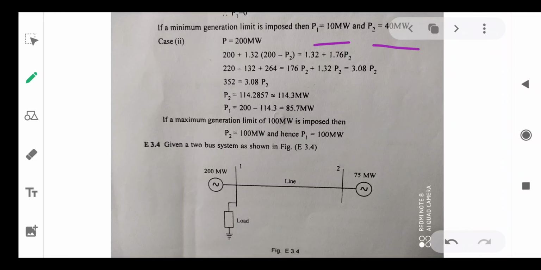But of course, each one will generate only PG maximum equal to 100. By forcing the limits of generation, you can generate only 100 megawatts maximum. Therefore, P2 is limited to 100 megawatts and hence P1 is also 100 megawatts. This is the distribution. This is problem number 3.